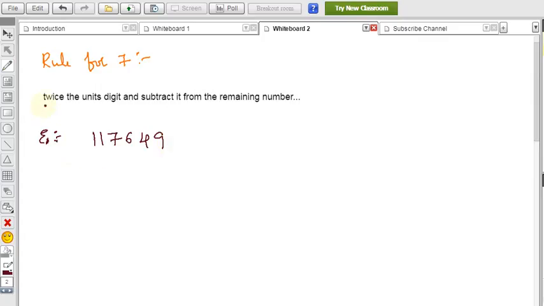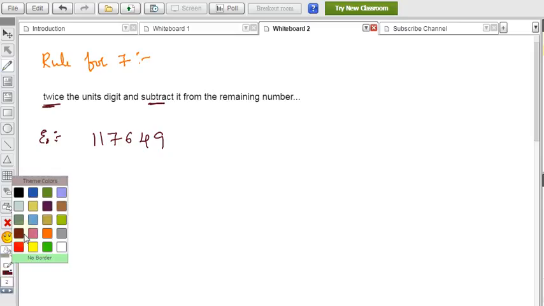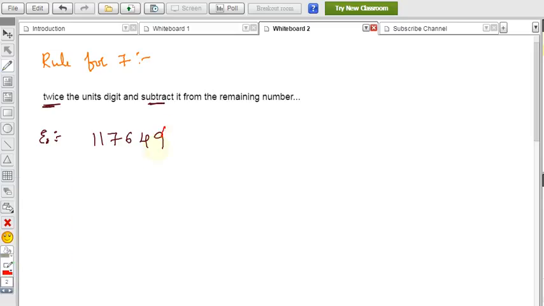We have to double the units digit and subtract from the remaining. Now the units digit is 9. You take out the 9 and double it. If you make it double, that is 18, right? Now 18 you have to subtract from the rest of the number.